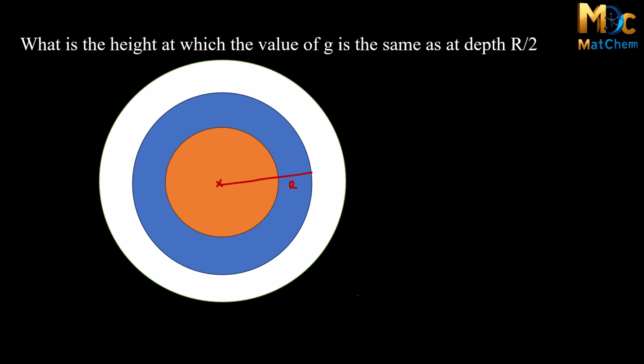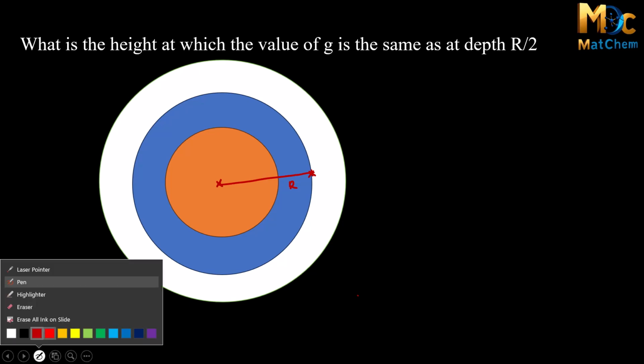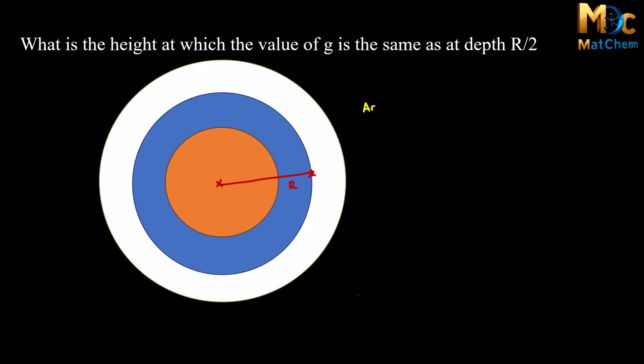If you are calculating the acceleration due to gravity on the surface of the earth, it can be given by g.